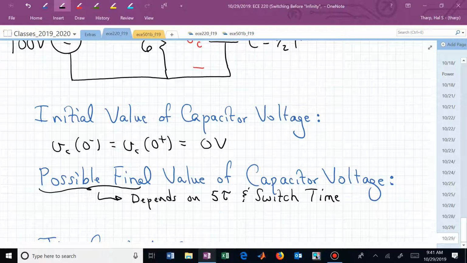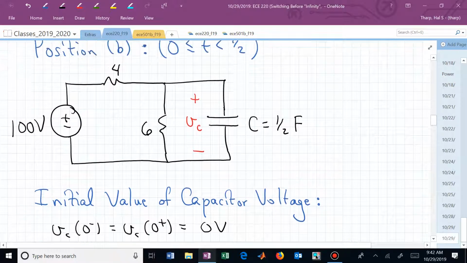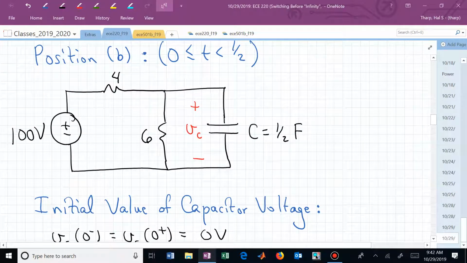But its actual value will depend on 5 tau and when we turn the switch. But for now, let's just neglect the switch and say if we now had this circuit, what's the final value going to be for V sub c when it reaches steady state?